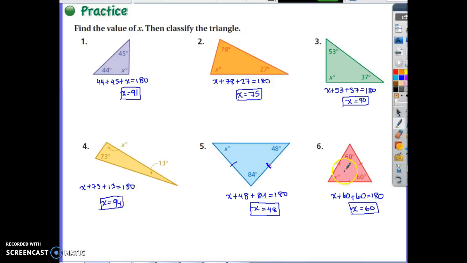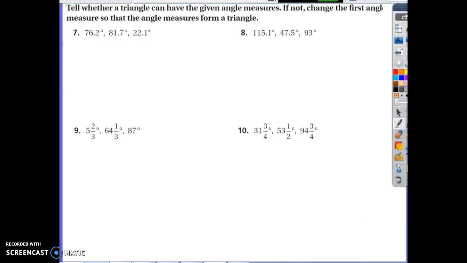Lastly, you might use the same strategy if you notice that this is an equilateral triangle, that means all the angles are actually the same. But if you go through and write an equation to solve it, you will find that x is equal to 60 degrees. On the next slide, we're going to tell whether the triangle can have the given angle measures. If not, we're going to fix the first angle so that the angle measures form a triangle.